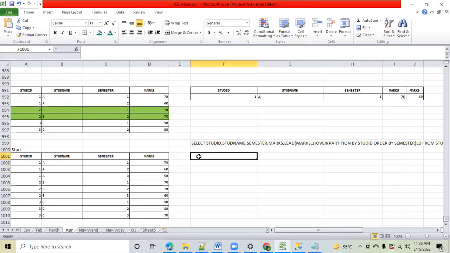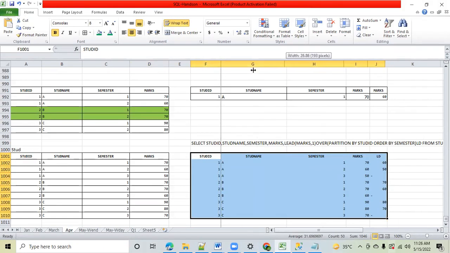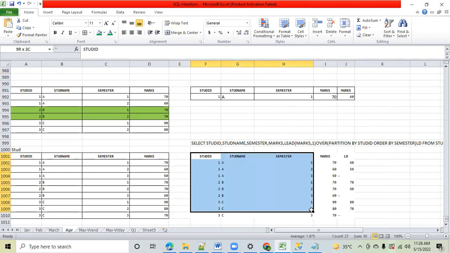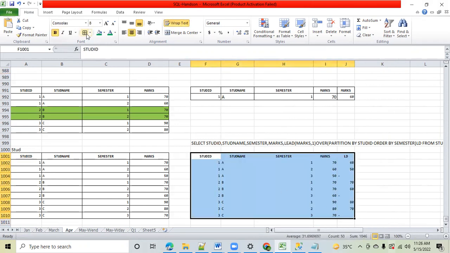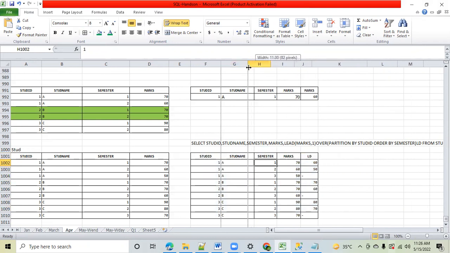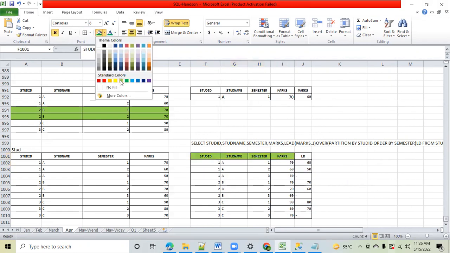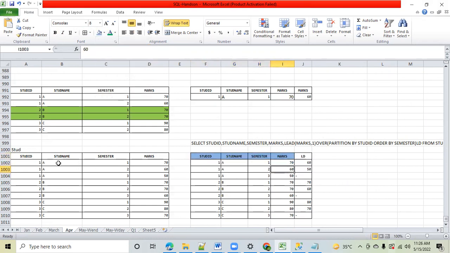Let's try to understand what is happening. So this is the data. If you see, the first 4 columns are exactly the same, nothing I have done. This is exactly your original table. Nothing I have done here.